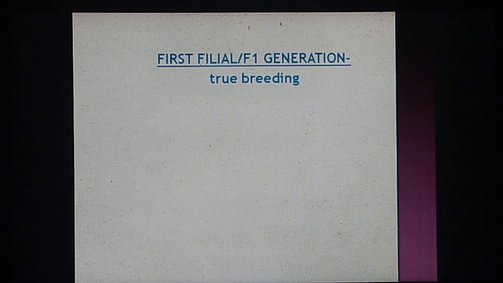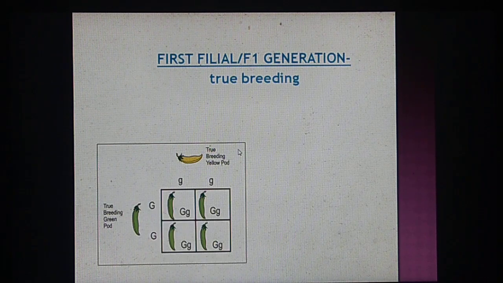F1 generation, or first filial generation, we had seen in the monohybrid cross. The F1 generation is the generation of hybrids that are produced from the cross between two true breeding parental forms.